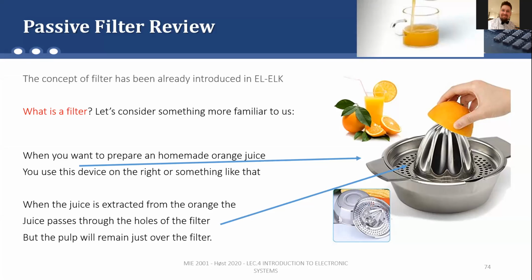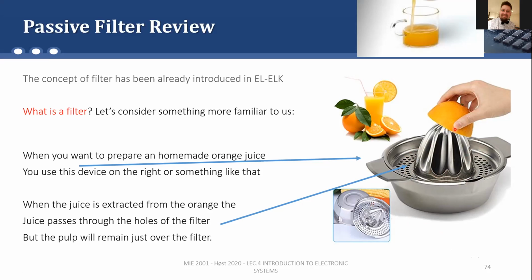This is an example on your right side of a type of filter, where you have to extract the juice from an orange, and this net here, in this part of the object, is the filter.